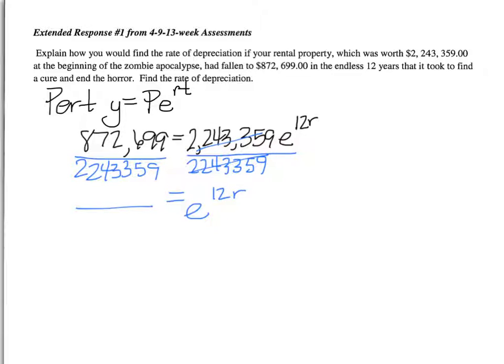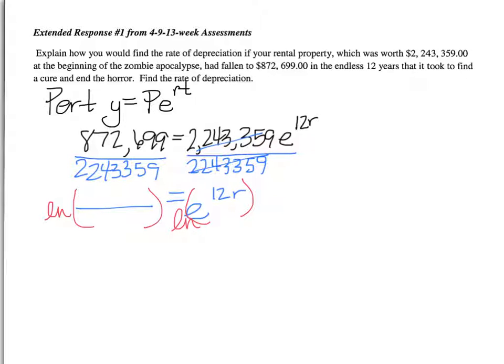Remember your variable is r here. e is a number in the calculator. How do you get any variable out of the exponent? You log both sides. But since this is a base e, we use a special log, the natural log. And we have to natural log this fraction and natural log e to the 12r.